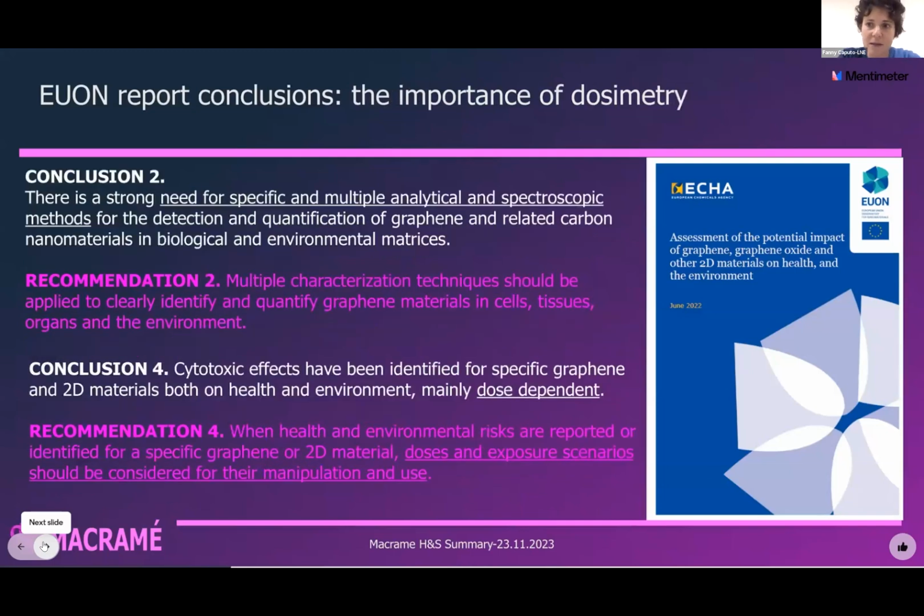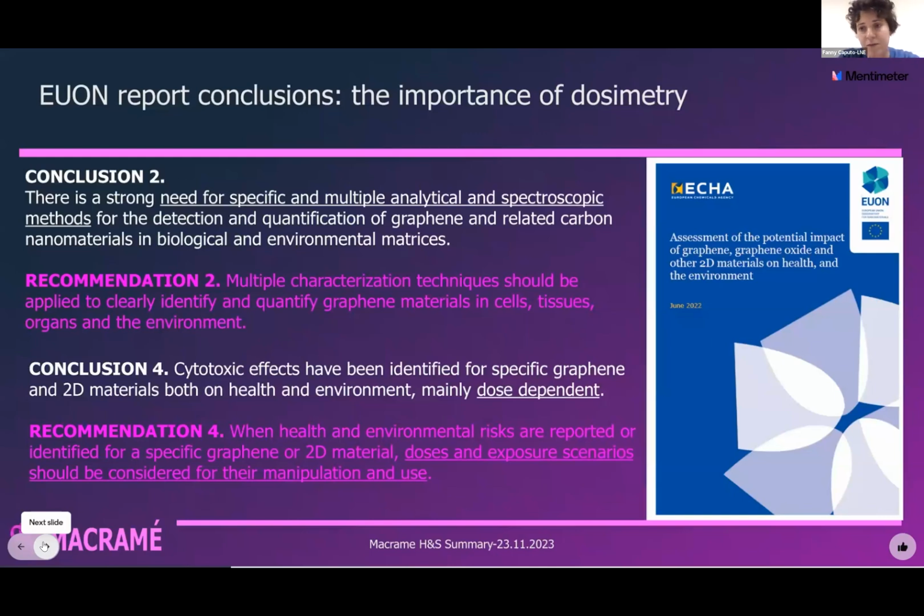The other thing mentioned is that we really need to work on developing methods, in particular analytical or spectroscopic methods, that would allow us to detect and quantify not only graphene and other carbon-related materials when they are in biological and environmental matrices, because of course we need to understand the changes and biotransformation they go through.